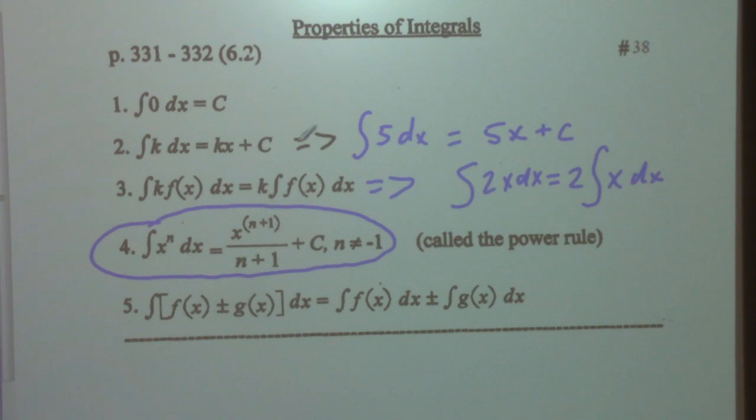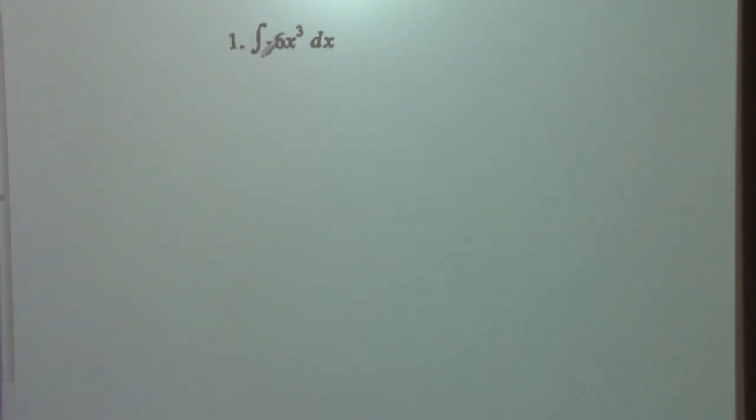As we go through these subsequent problems, I want you to refer back to these. The main ones you're going to be using are this one here and this one here, and possibly the others too, but these will be the main ones, especially 4. So go ahead and integrate this problem here and work that out, and in a couple minutes I'll go over how to do this one.